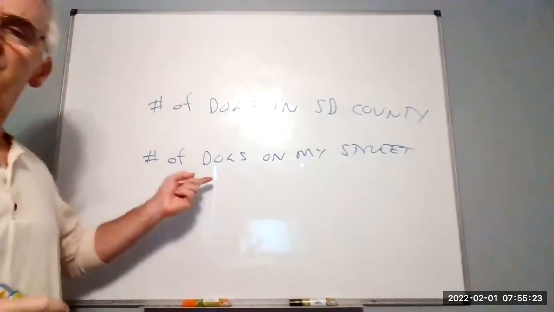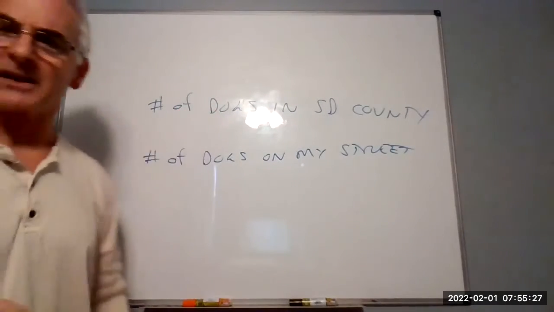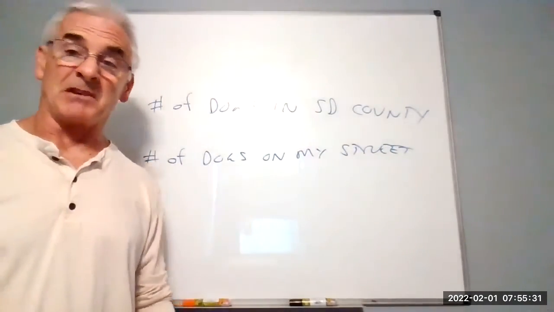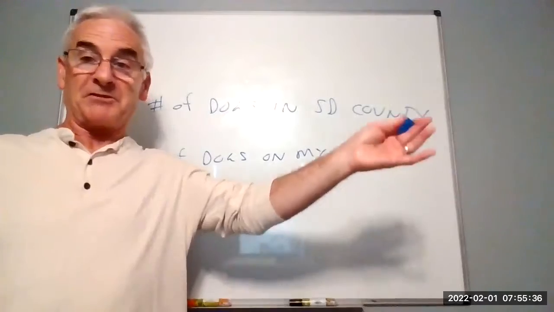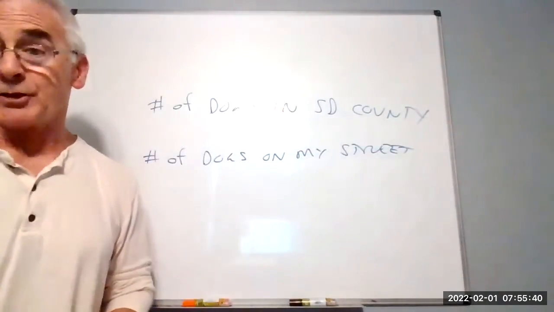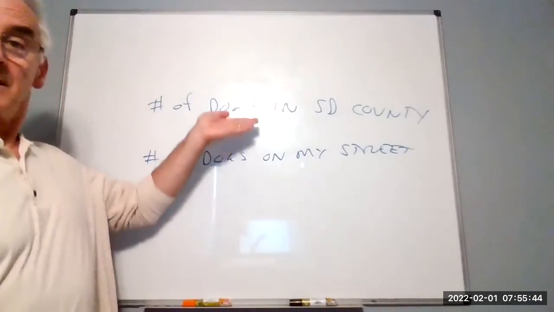And could I use this information to help me try to come up with that information? Let's say my street has a lot of people. And I said, well, gee, on my street, there's a dog for everybody in here. So I'm going to speculate about San Diego County. I could do that. It might not be very accurate, but that would be a statistic.